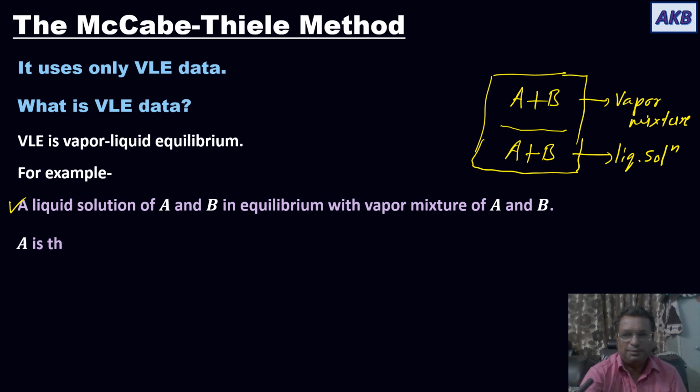Out of A and B, A is the more volatile component.